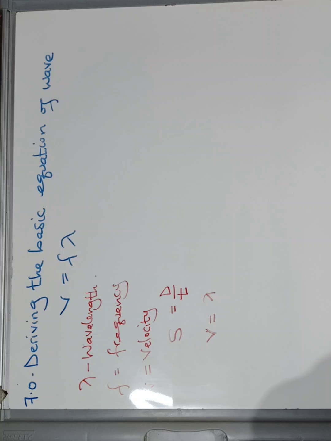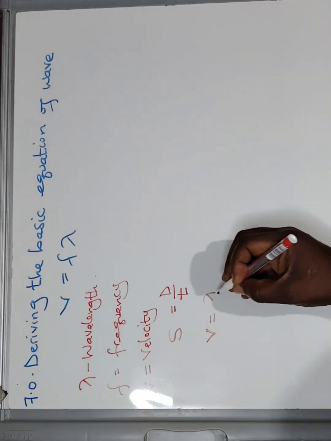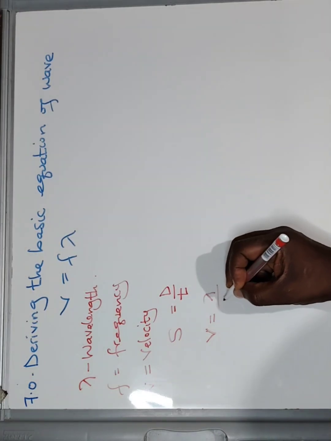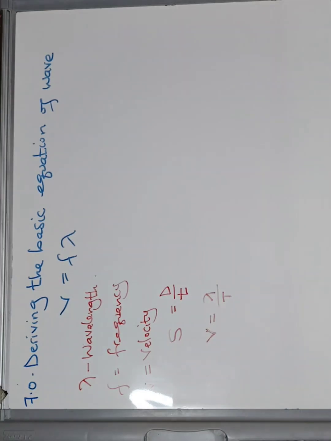And you have to know that the time taken for a wave to cover the wavelength is called the period. Which means that lambda is going to be over T. That equation stands. So from there, what do we do?